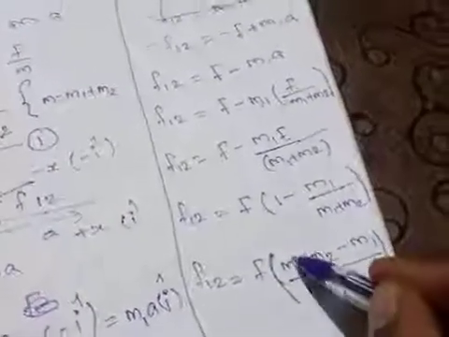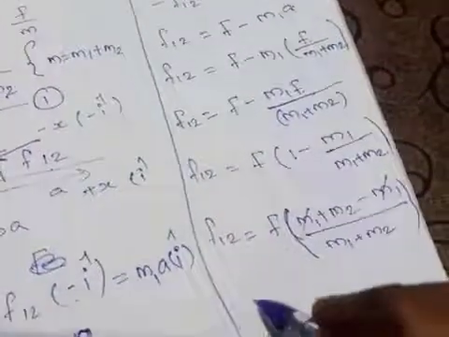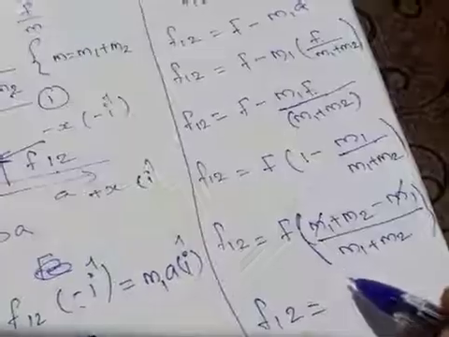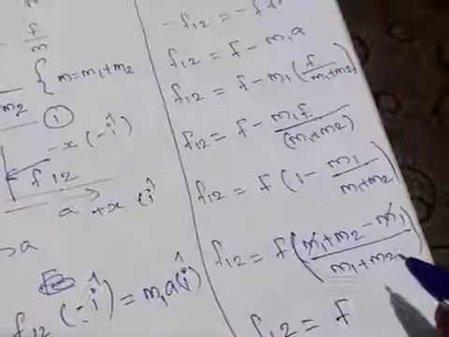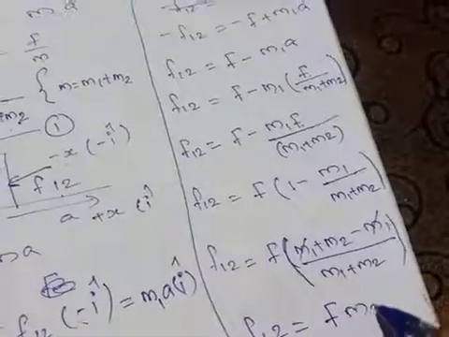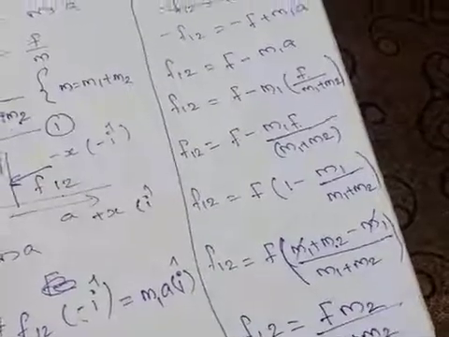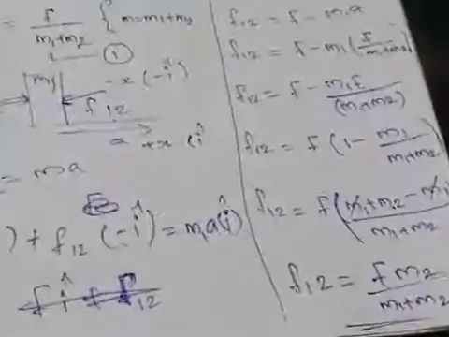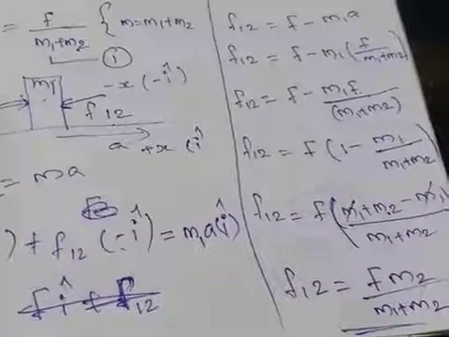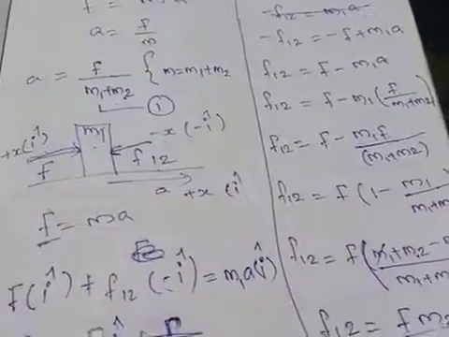Now M1 and minus M1 cancel, so F12 is equal to F into M2 by M1 plus M2. So now we got F12 is equal to F M2 by M1 plus M2, the force exerted on the mass M1 due to this mass M2.